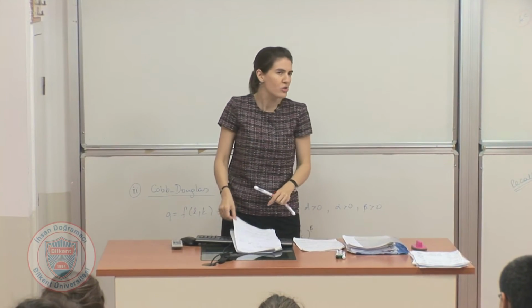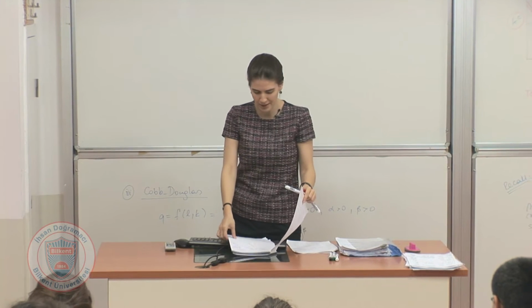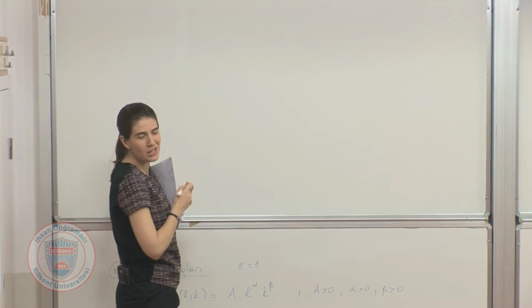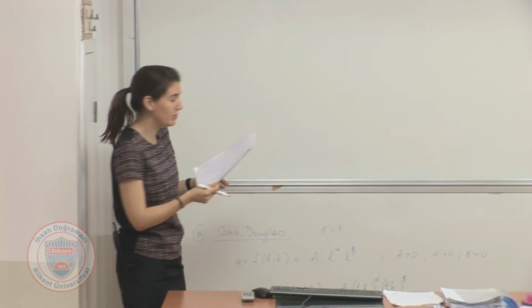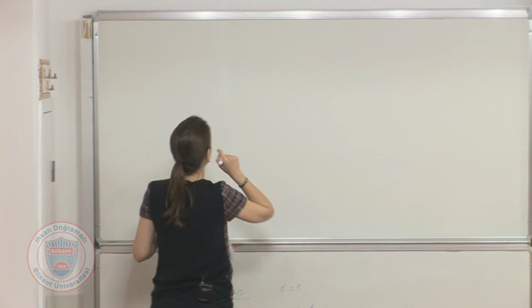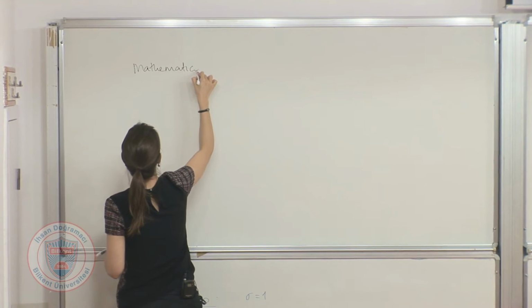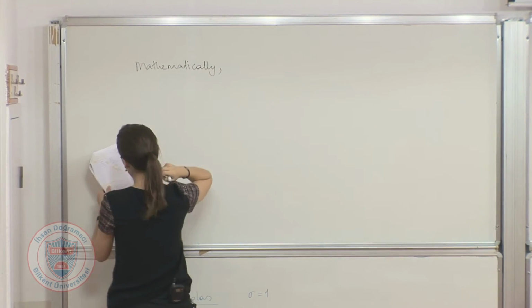Then you would say, hocam, we know how to solve this mathematically. How are we solving this? The cost minimization problem, like the expenditure minimization problem. So mathematically we can solve it like this.